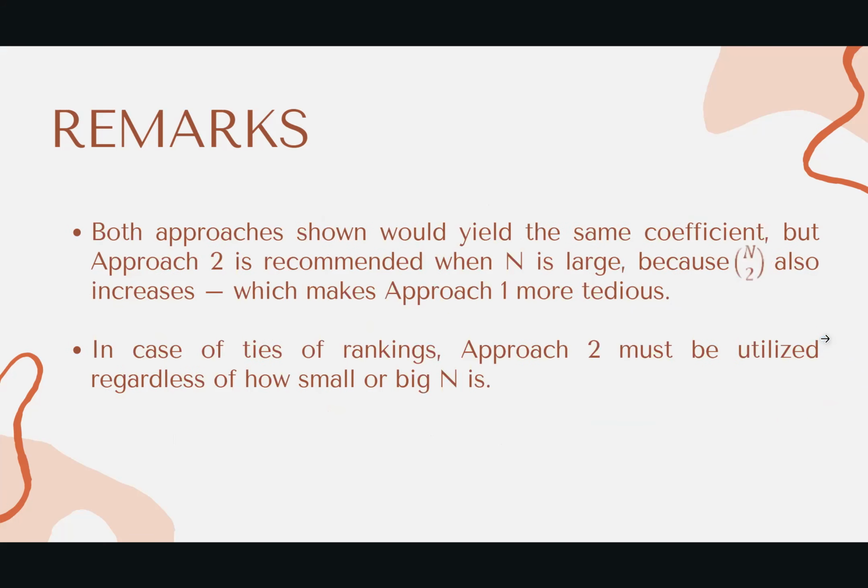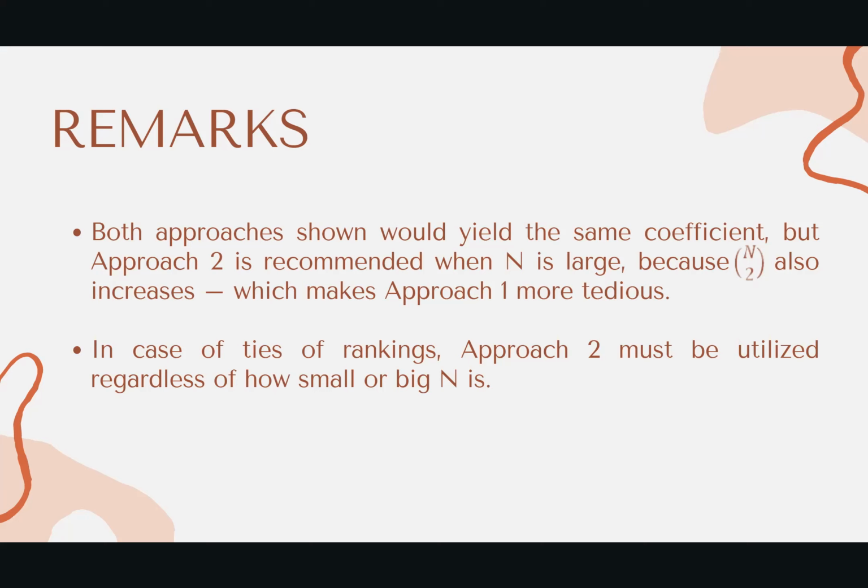So both approaches shown would yield the same coefficient, but approach 2 is recommended when n is large because n taken 2 also increases, which makes approach 1 more tedious. So mamaya makikita natin sa example na kapag yung approach 1, kinukuha nga natin yung n taken 2 na pairs. So for example, let's say ang n natin ay 10.